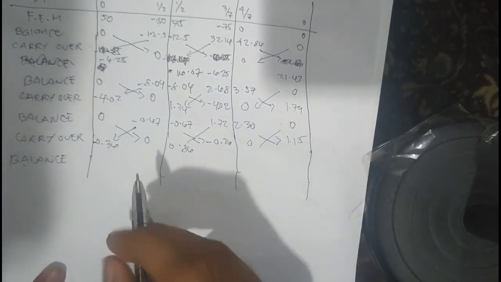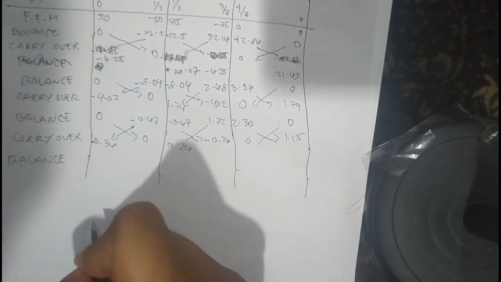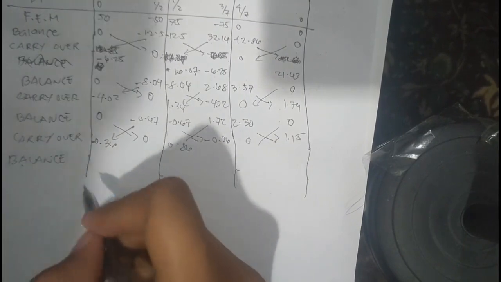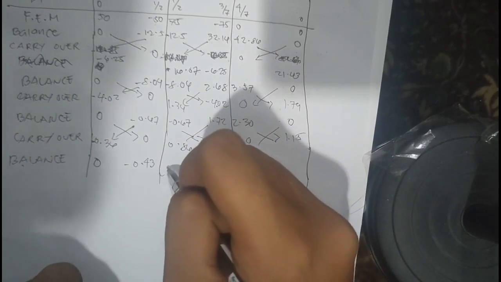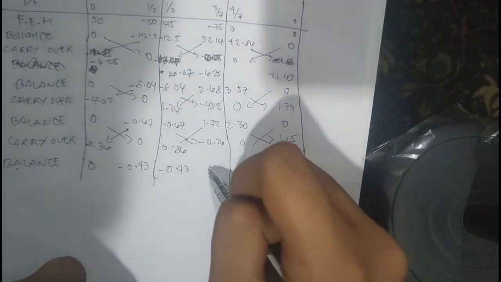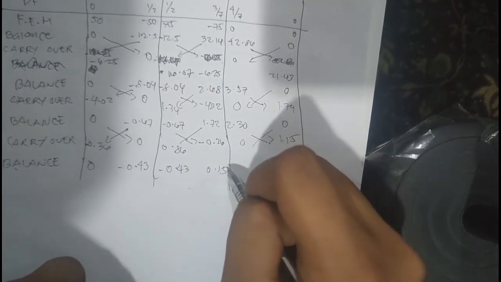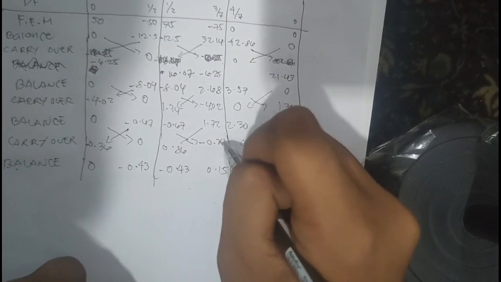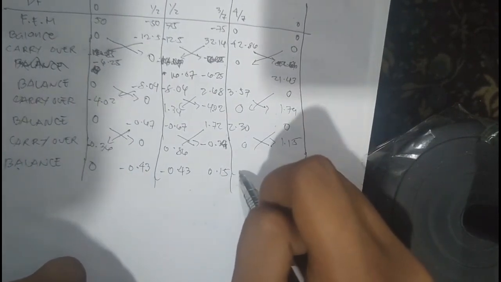So let's balance again. 0.86 equals negative 0.43. 0.43 because 3 over 7, 0.15.